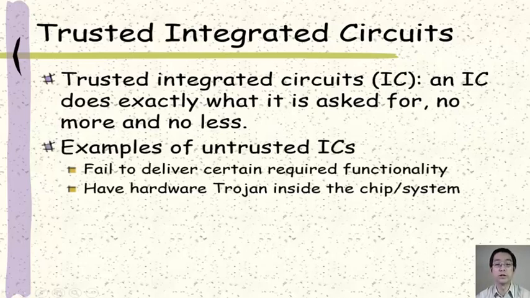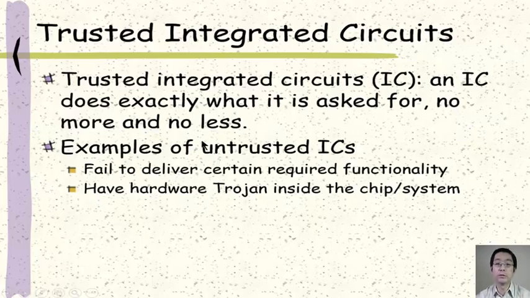First, if a system fails to deliver certain required functionalities, such a circuit or system cannot be trusted. And second, if a system has a hardware Trojan inside it, this system cannot be trusted either, because it does something more, and these things are malicious hardware Trojans.